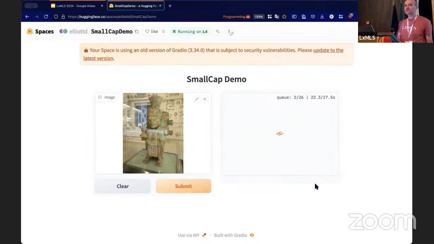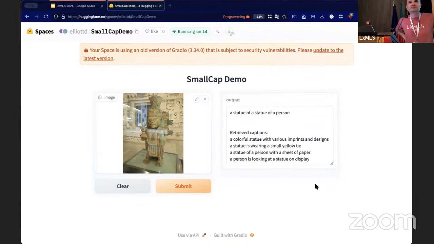So maybe for those of you that got at the front of the queue, do you want to share some kind of reflection on whether it actually produced a sentence that described your image? Was it even remotely accurate? Was it embarrassingly bad? Oh, well, that's just a terrible output.